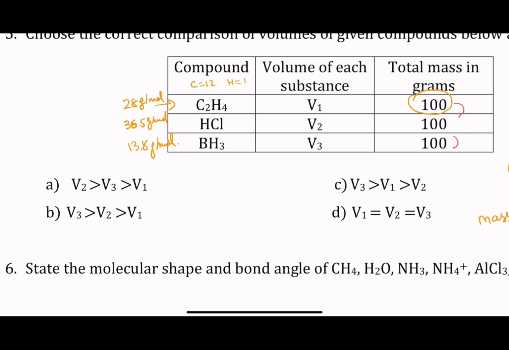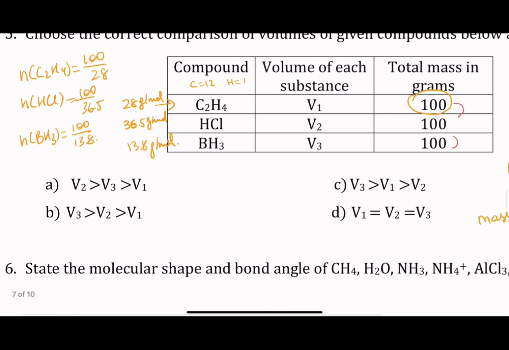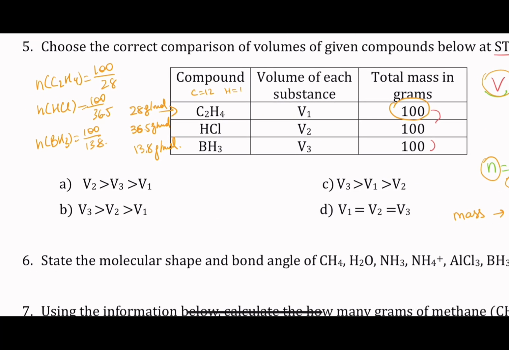So we will divide these values for each one by their molar mass. The mole amount of C2H4 would be 100 divided by 28. For HCl, it would be 100 divided by 36.5. And BH3 would be just 100 divided by 13.8. Then from there, we need to multiply them by 22.4 liters to get the volume.